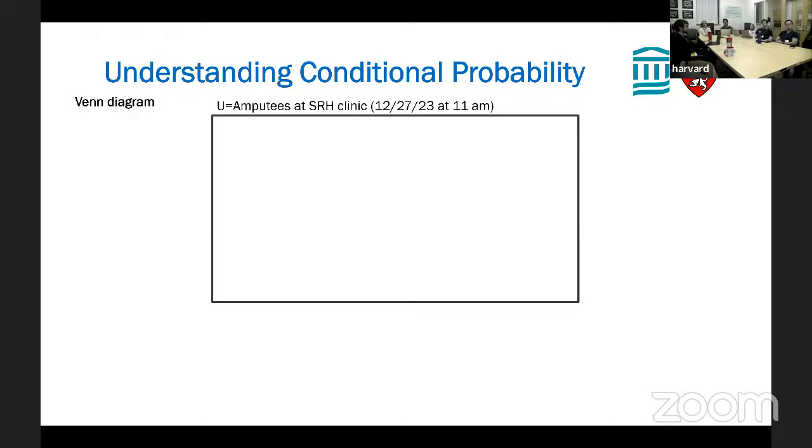Let's use a very common scenario that we have in one of our trials, where Mustafa, Daniela, and Maria Fernanda are going to the amputees clinic at the Spaulding Rehabilitation Hospital, on a specific day, say last Wednesday at 11 a.m. When we are there, we are trying to define some events.